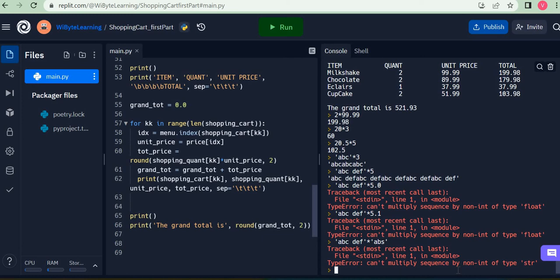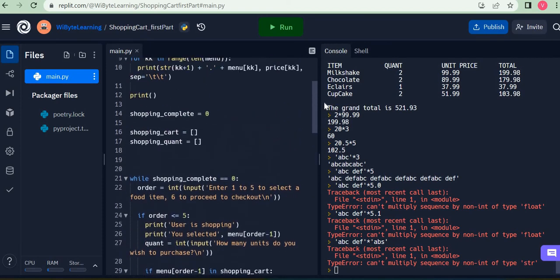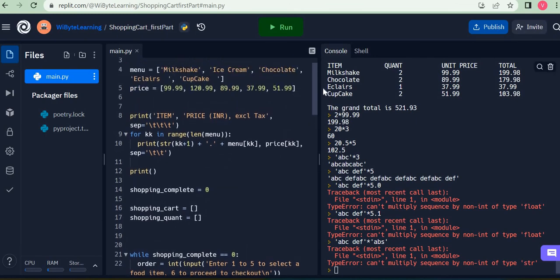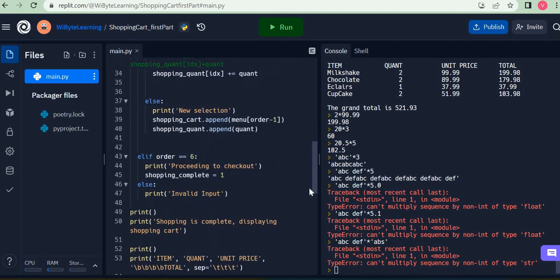Now, having seen this usage, it brings me to my next point, which is why is it that my price was a series of floating point numbers? In fact, the answer is already given to you, because the price is being multiplied to compute the total price.